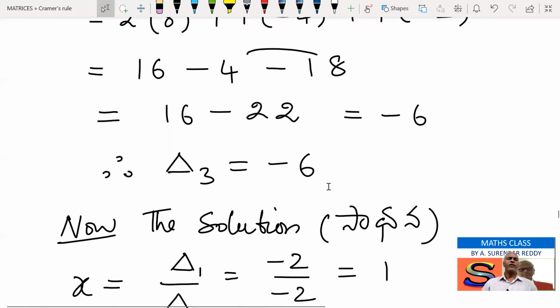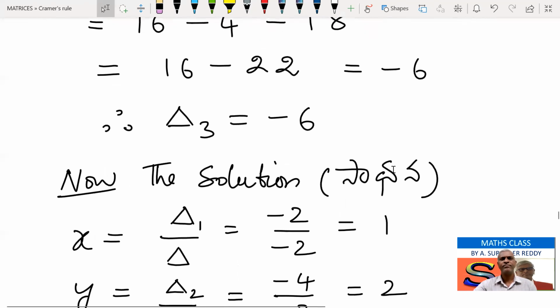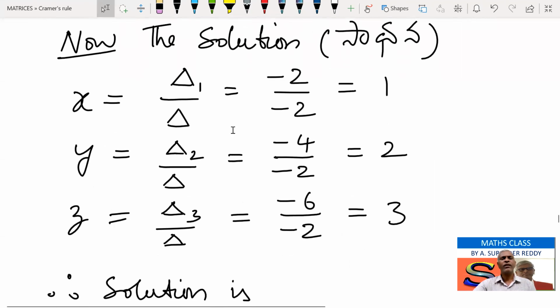So after finding delta, delta 1, delta 2, delta 3, the 4 determinants, the solution will be: x value, delta 1 by delta, that is minus 2, delta is also minus 2. So minus 2 by minus 2, 1. Y value, delta 2 by delta, value minus 4, delta value minus 2, minus minus will get cancelled, 2. 2 2 is 4, 2.